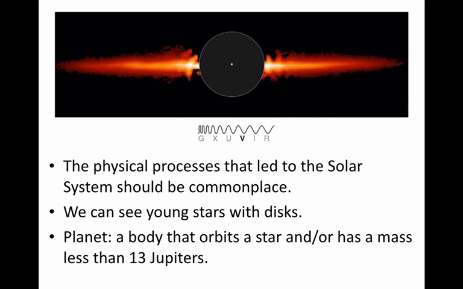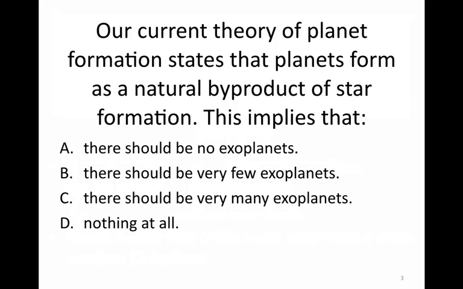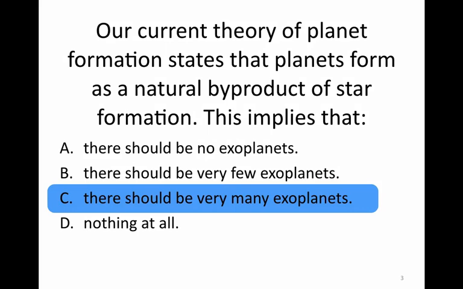So if there is one of those objects, to distinguish it from, let's say, a star or some other object, we have that mass limit. So if it's a natural process, there should be lots of exoplanets, and that's indeed what we're finding now.